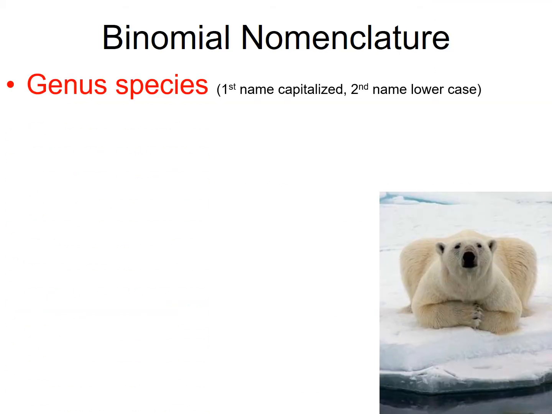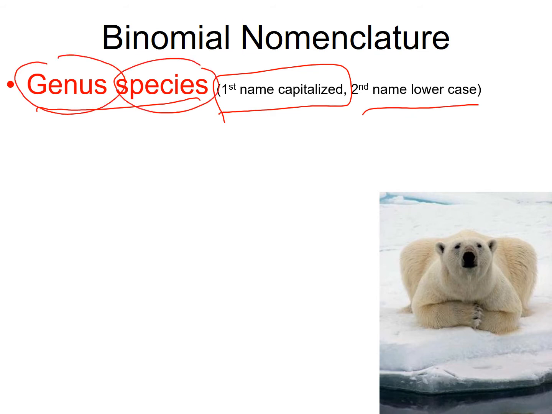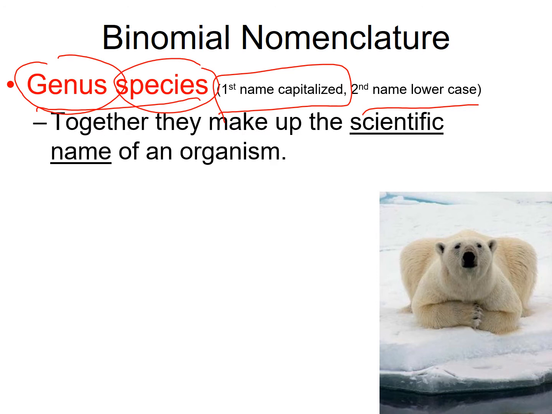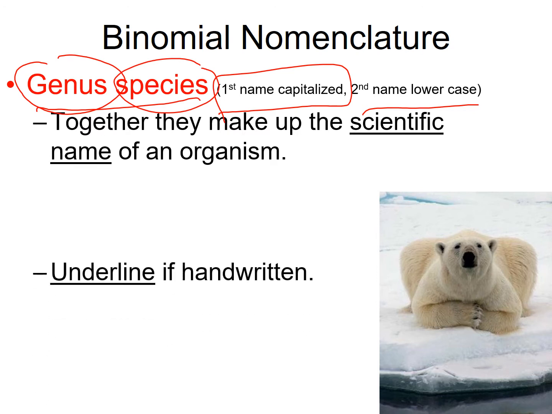So the binomial nomenclature is given to you from the genus and species. Genus and species, okay? First name is capitalized, second name is lowercase. Genus is first and then species. Together they make up the scientific name of organisms.